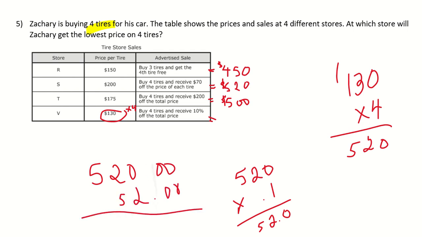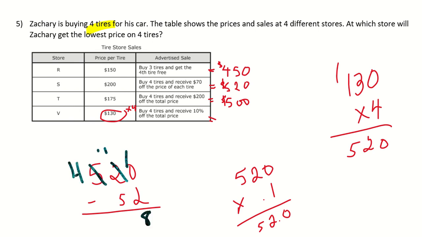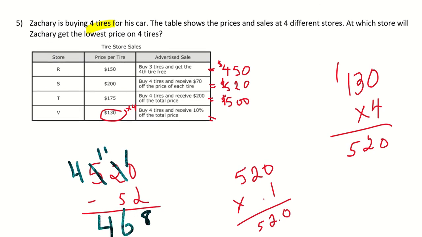Technically I don't need these zeros. Let me borrow. That's 8, 6, 4. So this comes out to 468.